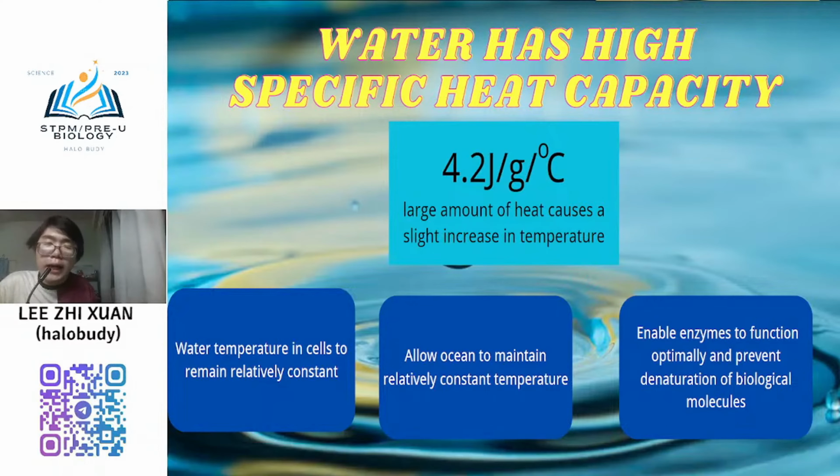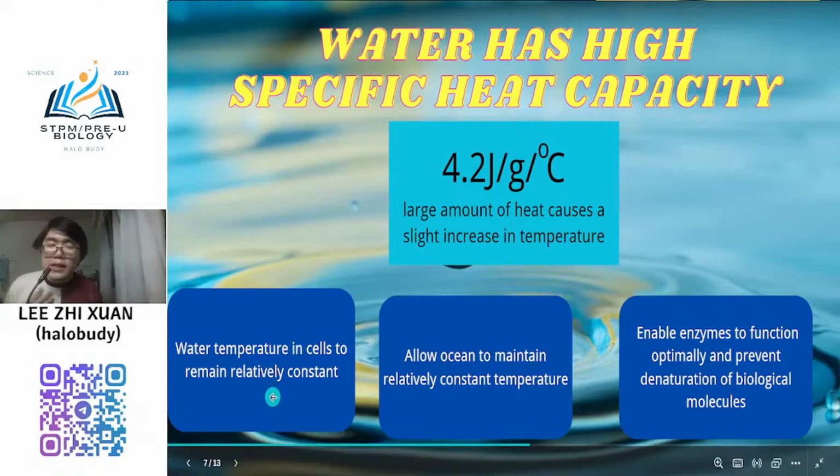Why does it need to be high? What is the importance toward biological life? It means the water temperature in the cell will remain constant. If there were no water molecules inside our body, when the weather is very hot, your body temperature would also increase.